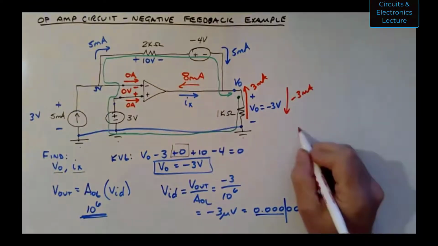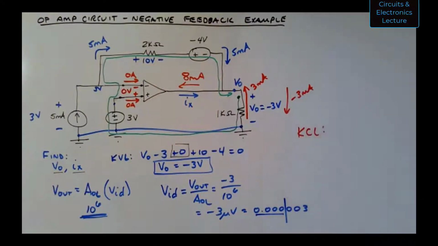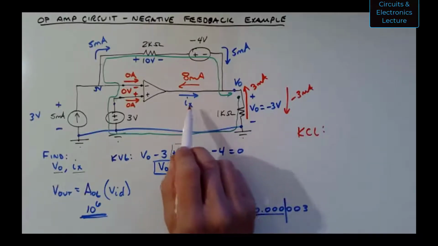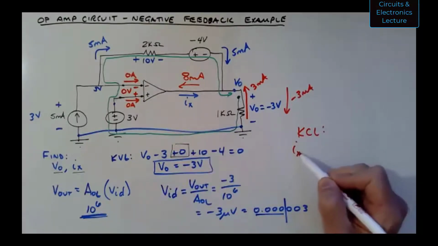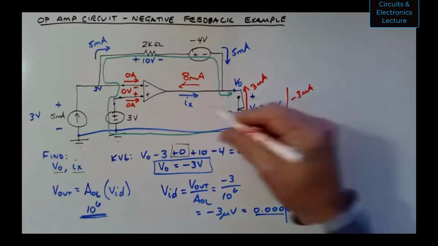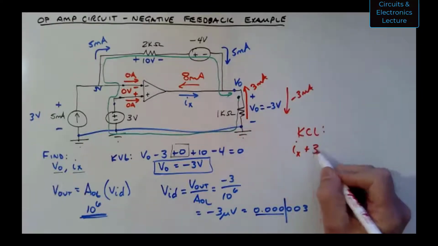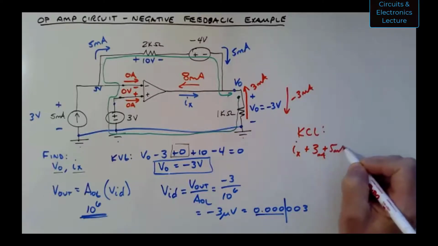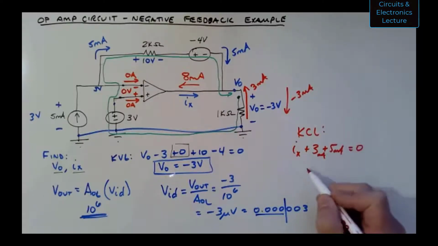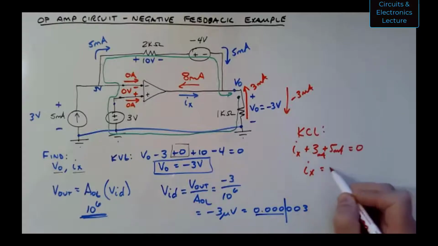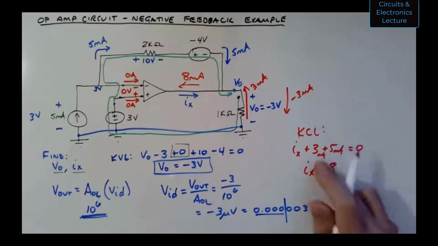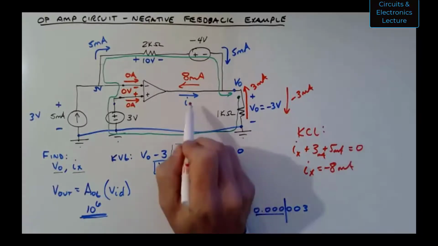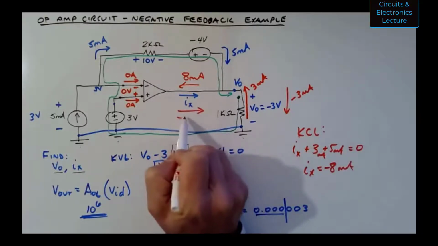If we want to be strict here, we could say KCL, let's sum the currents entering that node. IX plus 3, plus 5 milliamps equals 0. So again, IX equals -8 milliamps, because you have -8 milliamps going that way.